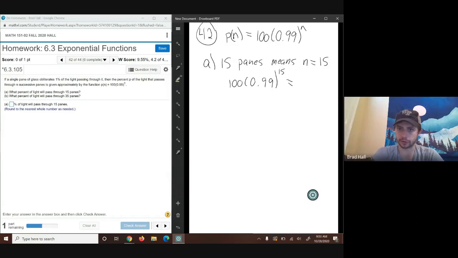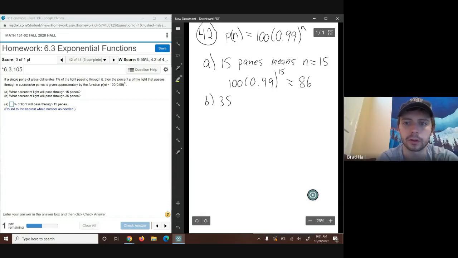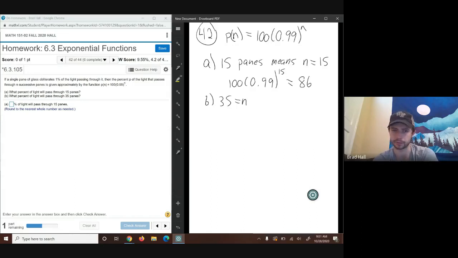And so as long as you can put all of that in your calculator, which means you need to know how to put arbitrary powers in your calculator, such as the 15th power. And it does say round to the nearest whole number. So I'll put 86. And then part B, it just says, well, instead of 15 that you're plugging in, plug in 35.